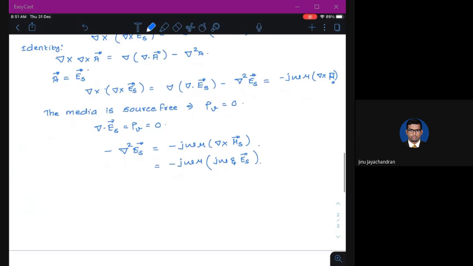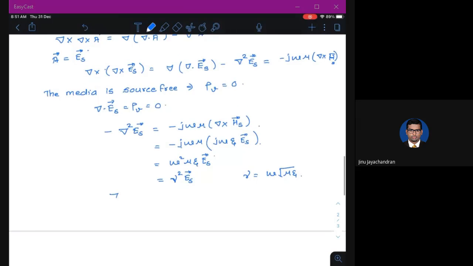Okay. Now this is equal to j into j is minus 1, minus 1 minus 1 plus 1, omega square mu epsilon Es. Now you can multiply it with minus sign. So this is actually gamma square Es, which we have already studied, where gamma is equal to omega into root over mu epsilon.